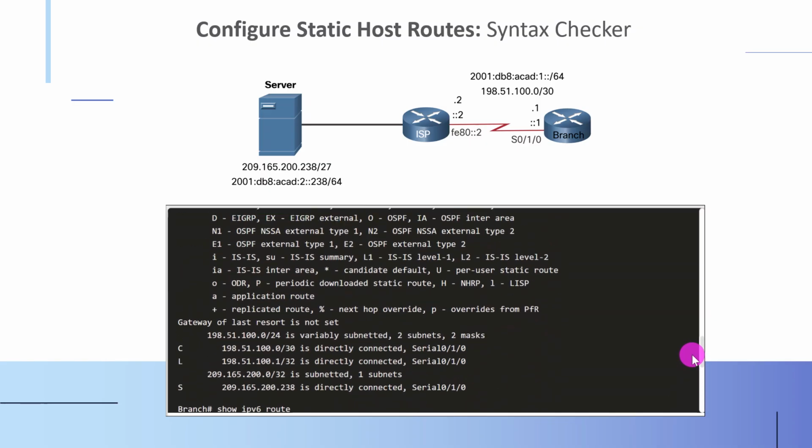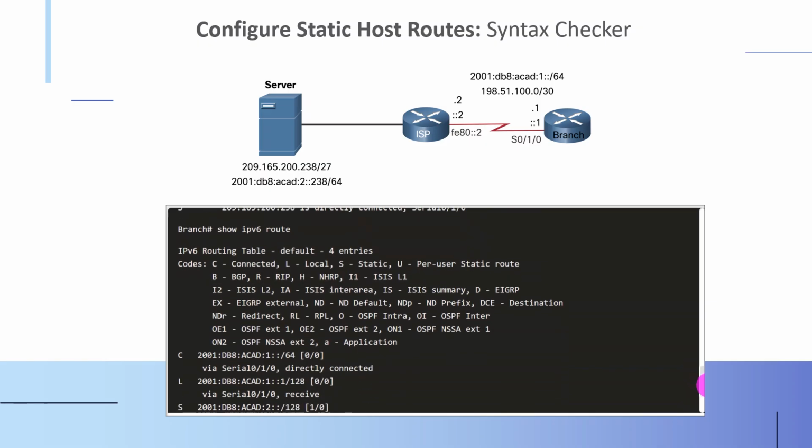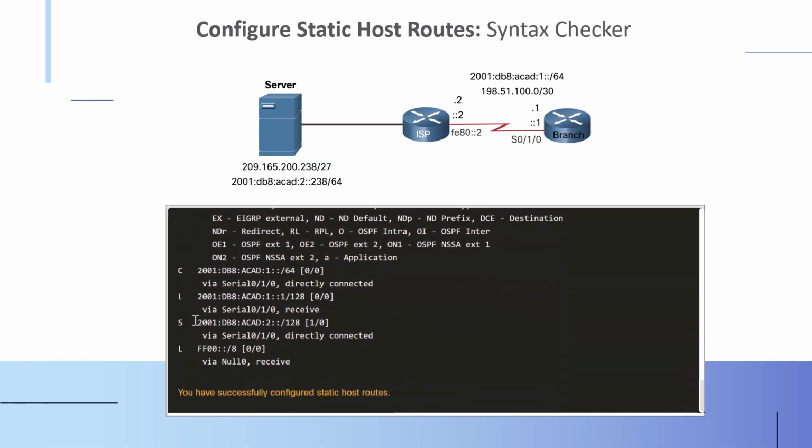For IPv6, same: the IP address of the server followed with the prefix length and then the serial interface, the exit interface of the branch router. And after that, we use show ip route, and then we can see that the static host route that we just configured is added to the routing table for both the IPv4 and IPv6 networks.